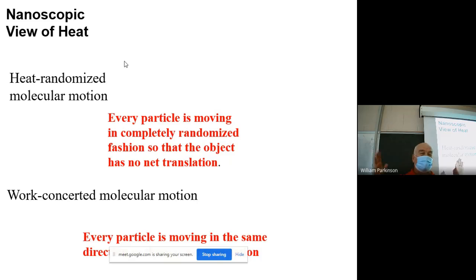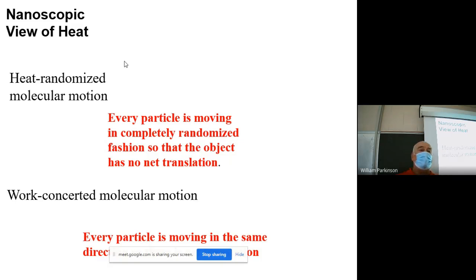Okay, so if we then just focus for a moment upon the types of kinetic energy, and kinetic energy again is motion. So we can think of an object moving in one of 2 ways. One way an object can move is what I call a concerted movement, meaning that the object is made up of matter.